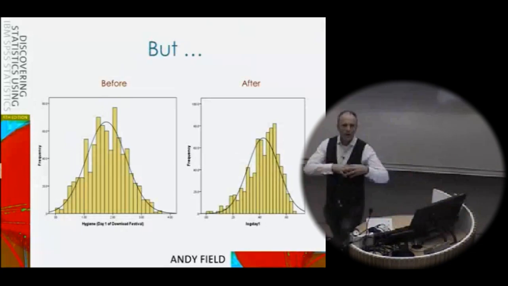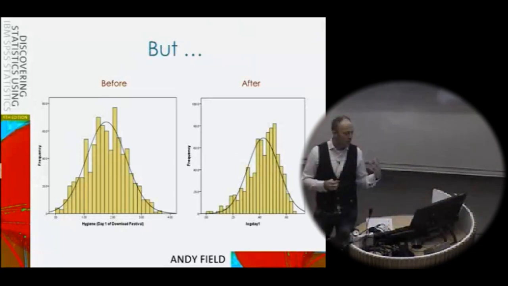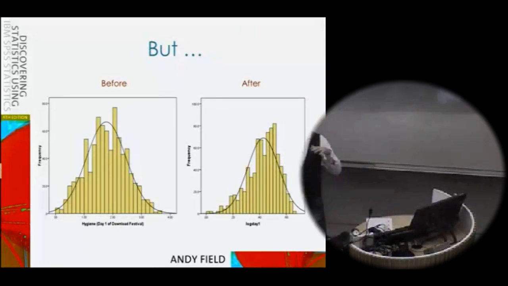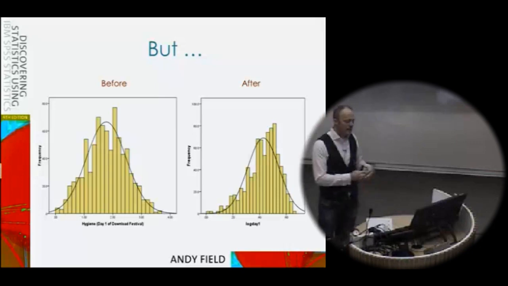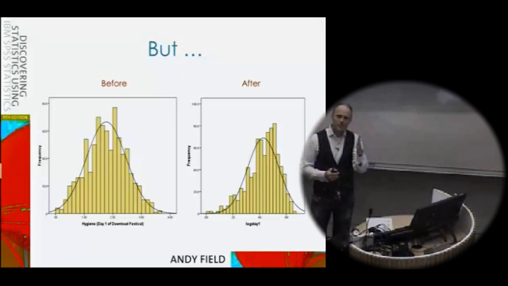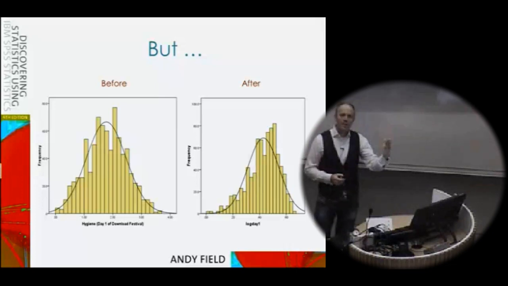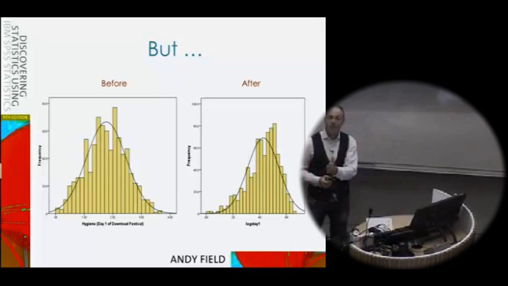If you do a transformation, sometimes you have to apply it to all the scores that you have. There are situations where you can, so in regression, for example, you can only transform one predictor, and that's fine. But in other situations, if you're looking at differences over time, if you correct one variable for skew, you would have to correct them all.